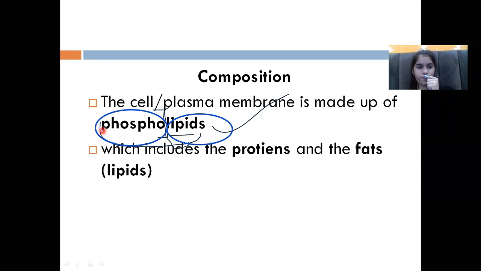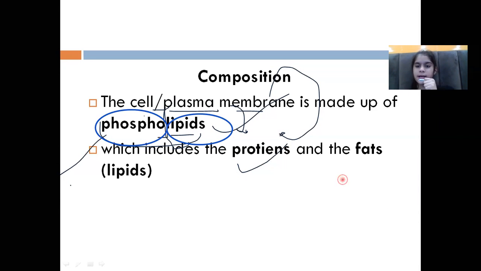Phospholipids. Phospho means proteins and lipids means fat. So the cell or the plasma membrane is made up of phospholipids. And what are phospholipids? Phospholipids are the combination of proteins and fats.